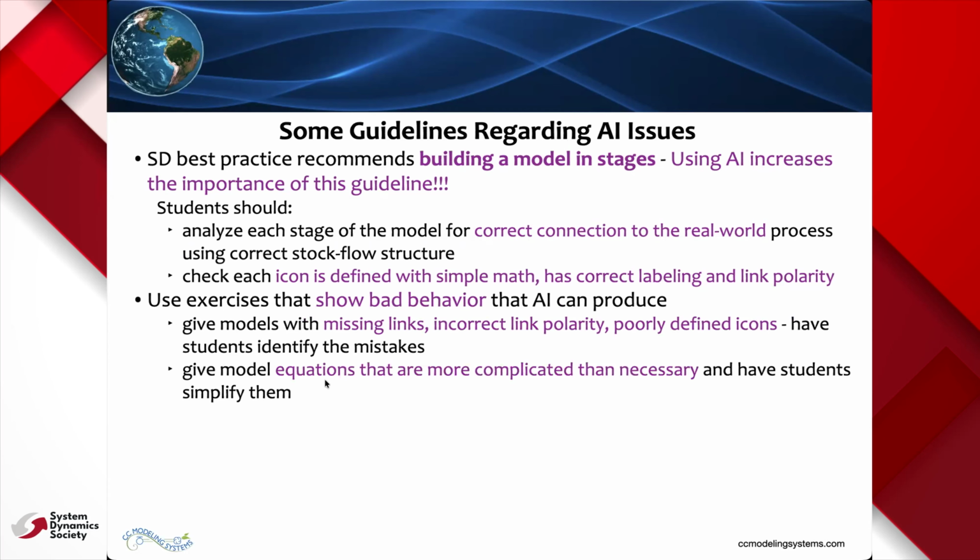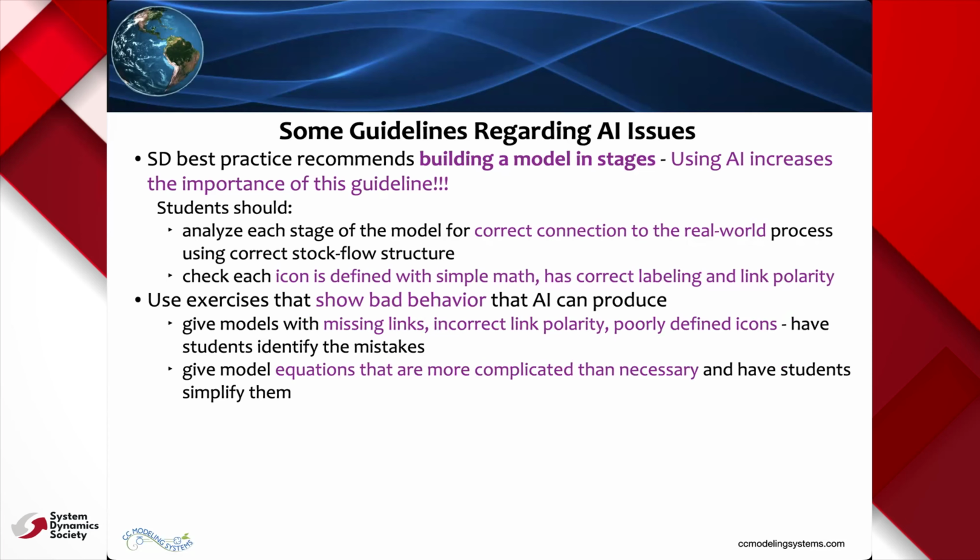The AI gives us often, at least in my experience, equations that are much more complicated than necessary. Students should have to simplify those definitions, because we don't want the equations protecting a stock from going negative. There's a structure that should be part of the model that does that for best practice.